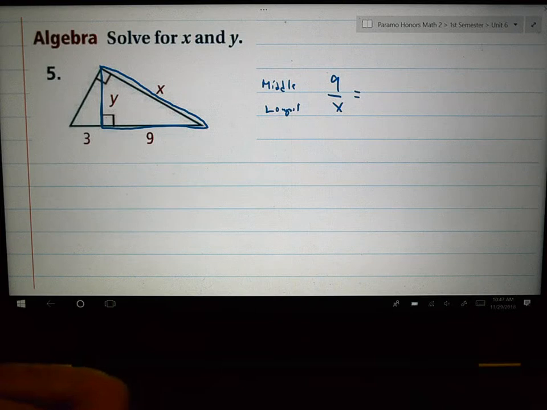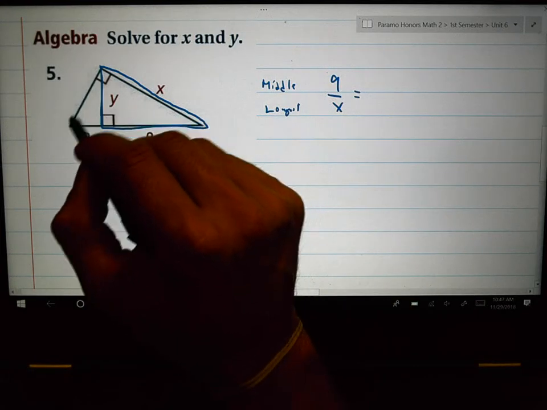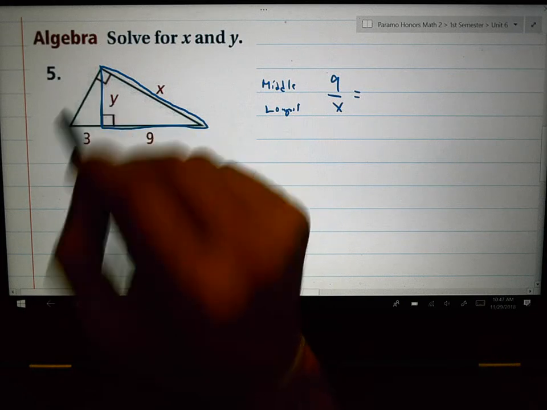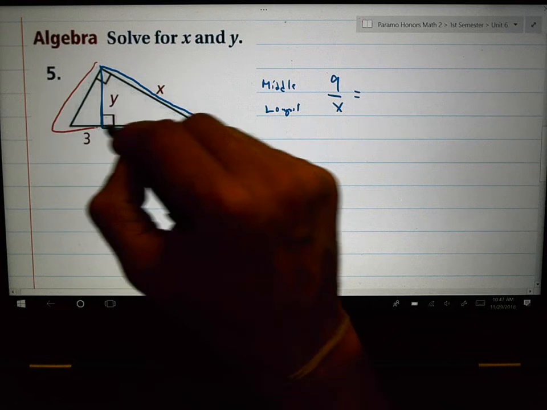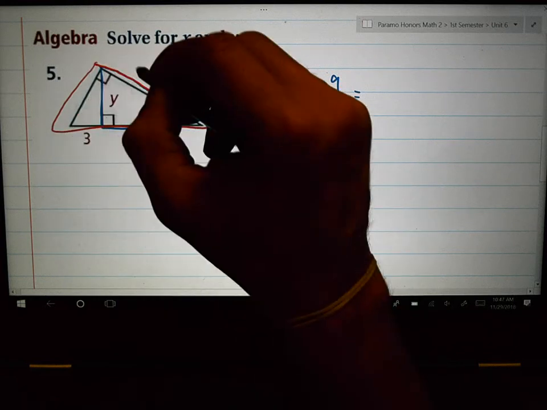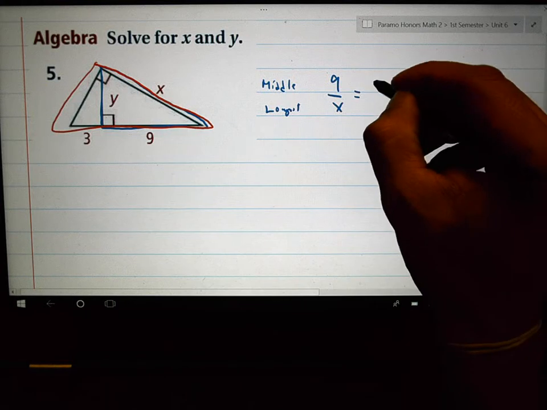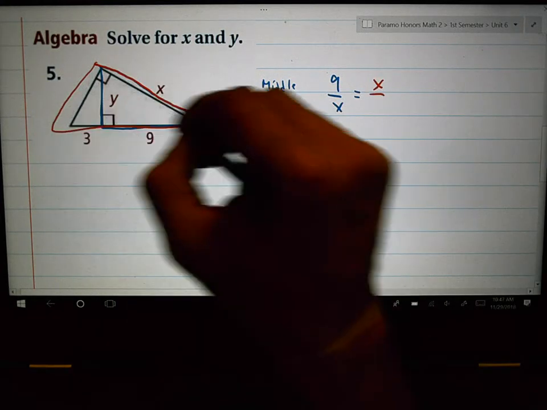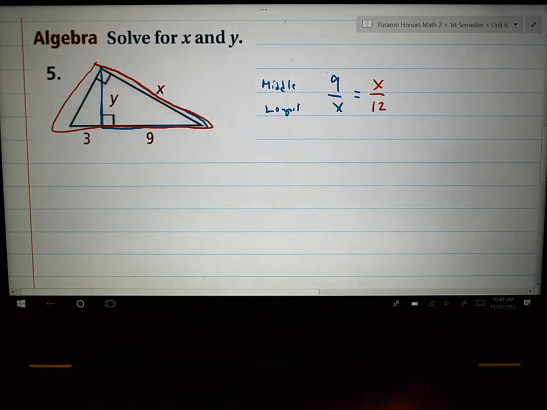So I need a middle and a long. This little triangle is not going to help me because the middle is a y and the long has nothing next to it. So instead I'm going to jump to the big triangle. The middle of the big triangle is x, and the long side, the hypotenuse, would be 9 plus 3, which is 12.